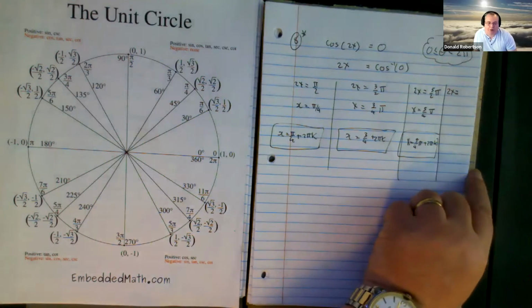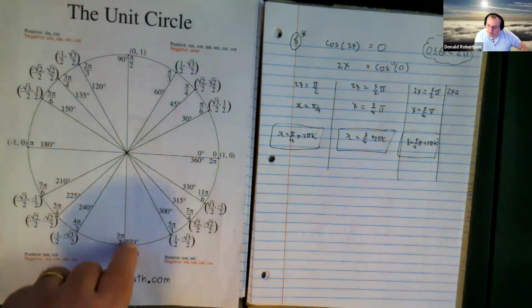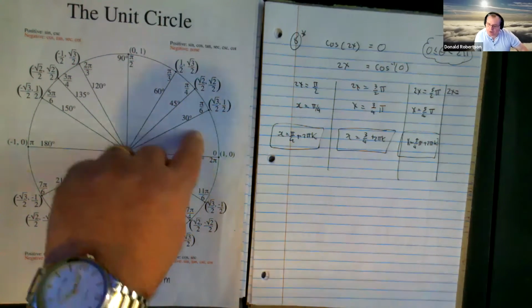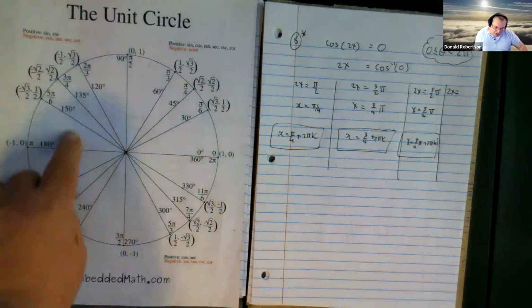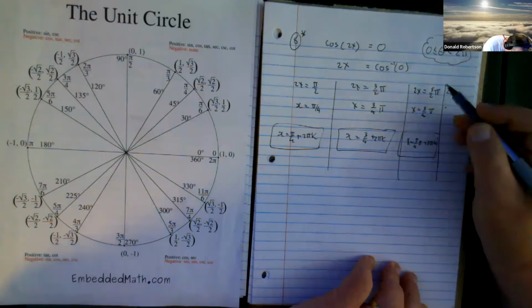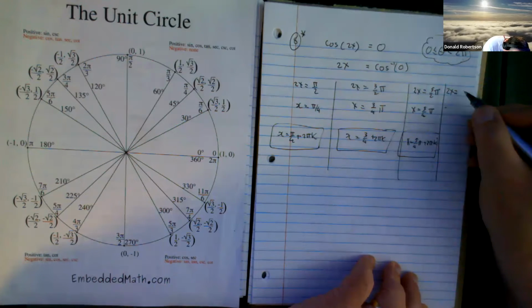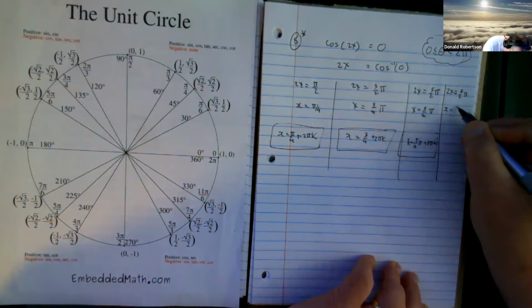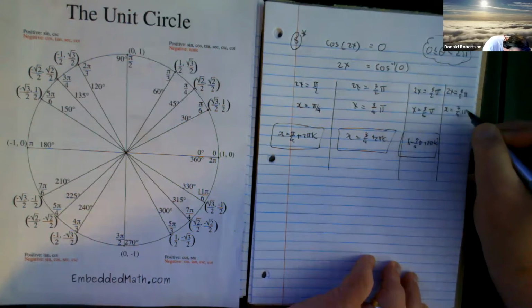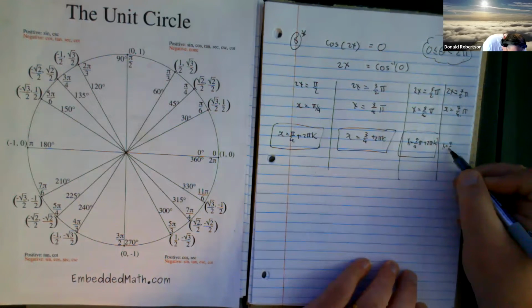Because I said there's 4 answers. Well, remember the guy that was down there? 3/2 pi? If I went round the entire circle and then went to 3/2 pi, you would end up with that guy plus another 2 pi. You'd end up with 7/2 pi. And that would then get you 7/4 pi. And that is inside the unit circle. So there is your final answer.